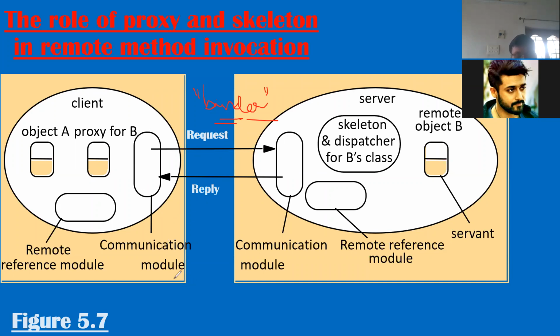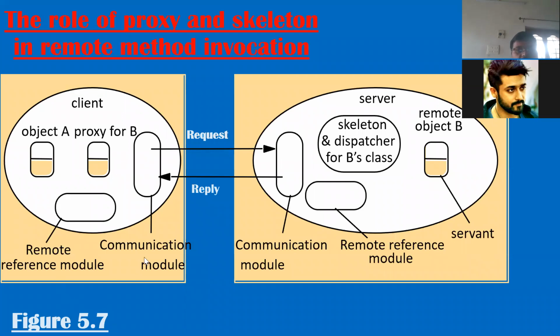For example, object A, let's say this is a network, this is a remote reference, and this is B.